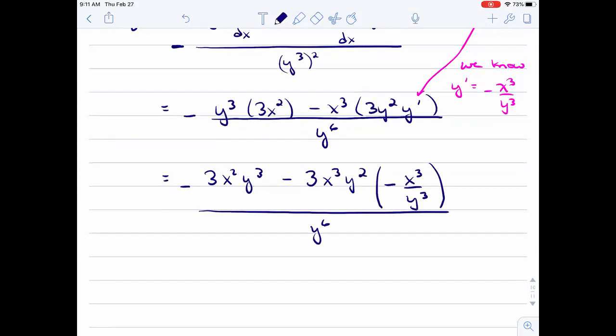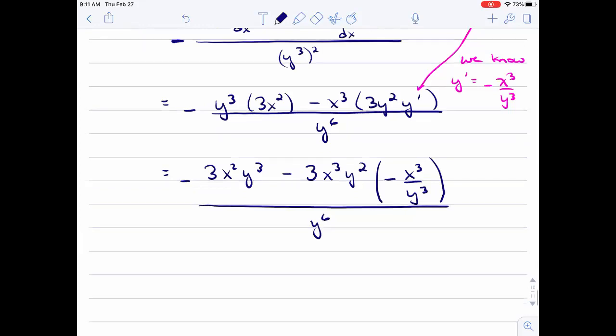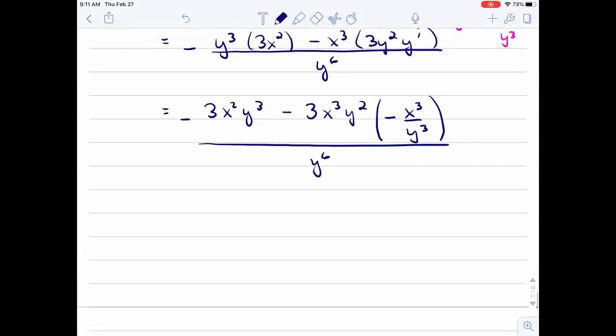I'm going to pull that negative out, and then I'm going to collect my x to the 3 times x to the 3, and I'm going to divide by y to the 3. And so I'm really focusing on that second term in the numerator.